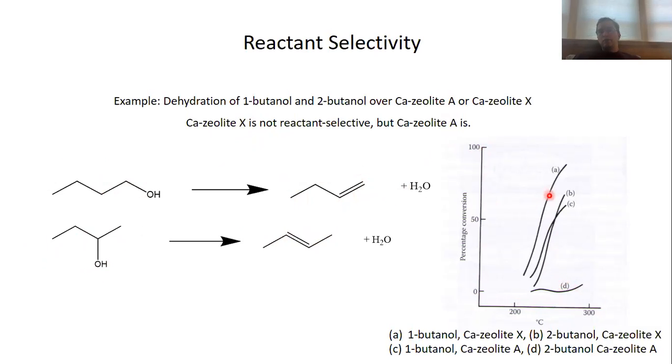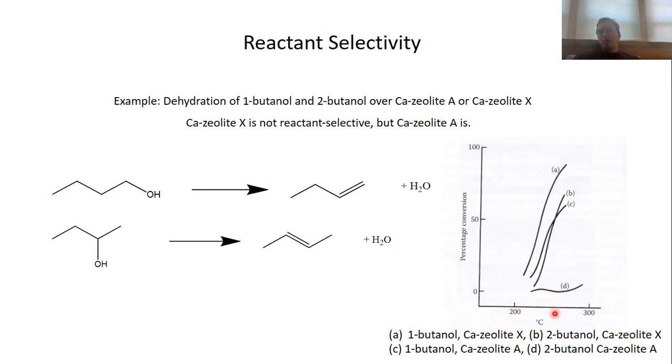So here you see 4 different curves. Okay, you see here on the y-axis the percentage of conversion of the reactants into the products. You see here on the x-axis just the temperature. So here on curve A, we have 1-butanol on calcium zeolite X, and you see that above a certain temperature, we are getting a high conversion of 1-butanol into 1-butene.